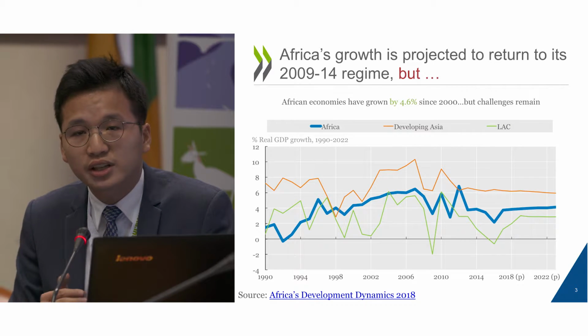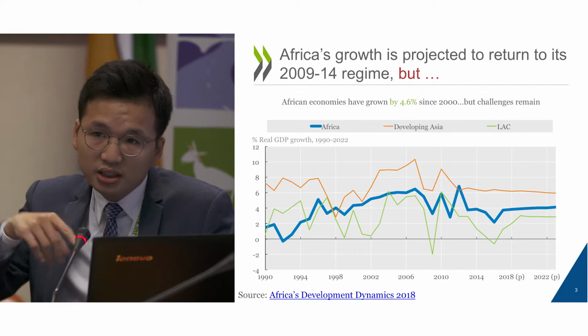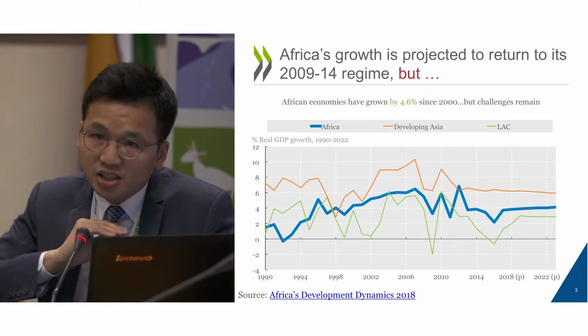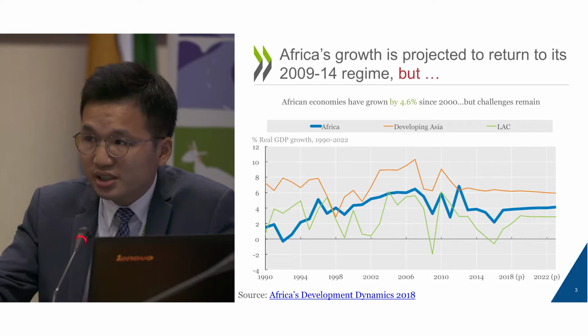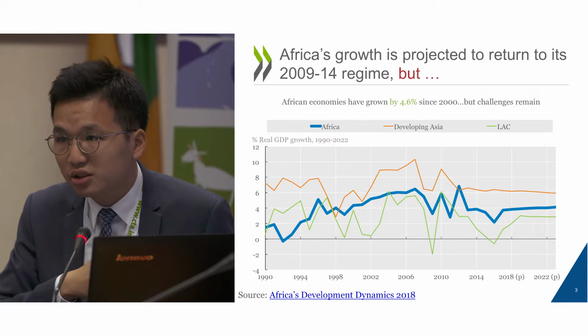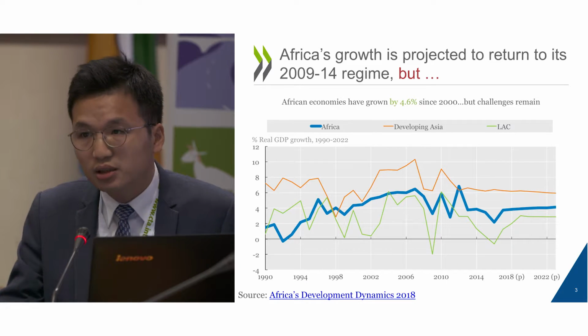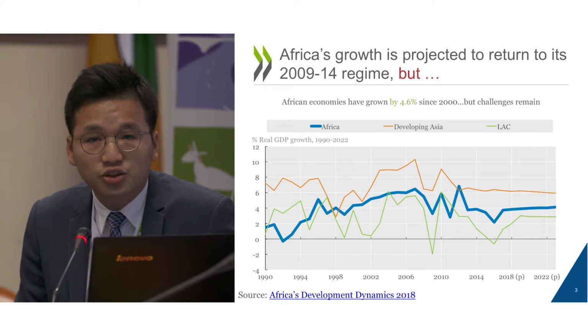But behind this story, there are a number of challenges ahead. First, as you see, the growth curve is very volatile and is smoothed out for 55 African countries. So first, we see that Africa is not a country. There's a lot of heterogeneity. The situation varies from double-digit growth in Ethiopia to very little growth in many other countries.